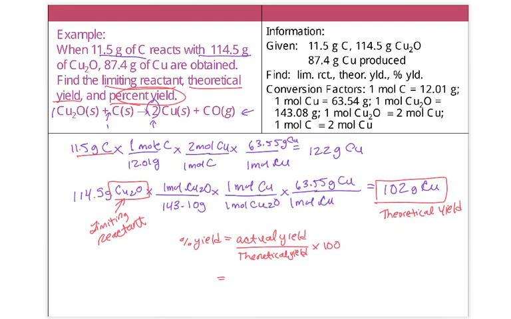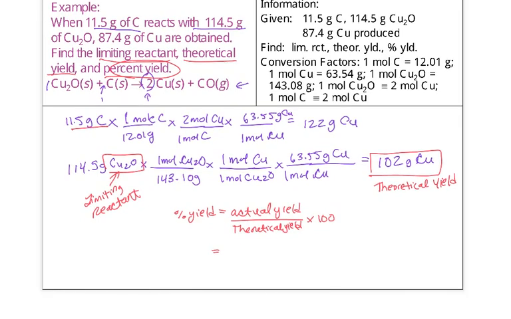So this means that in our lab, we ended up getting 87.4 grams. So that's our actual yield. And this happens a lot in chemistry. You would have to be a really good chemist to get exactly 102 grams of copper. Chances are you lose some in the purifying process, in the actual carrying out of the experiment, you lose some of your product.